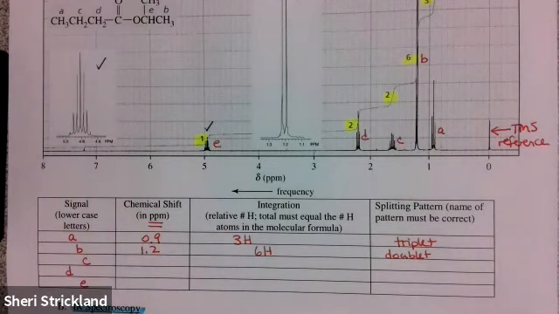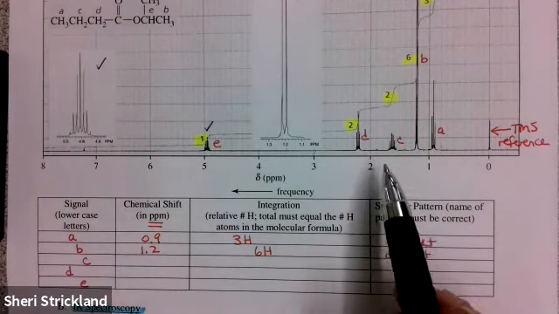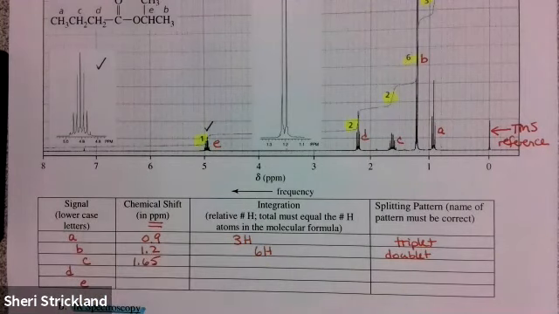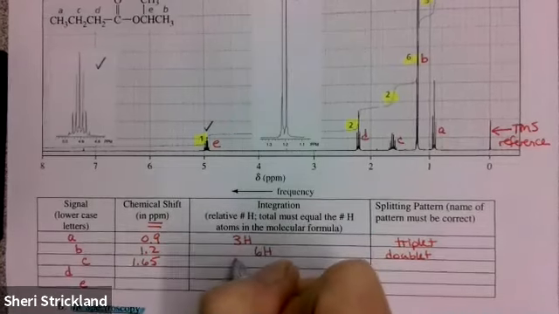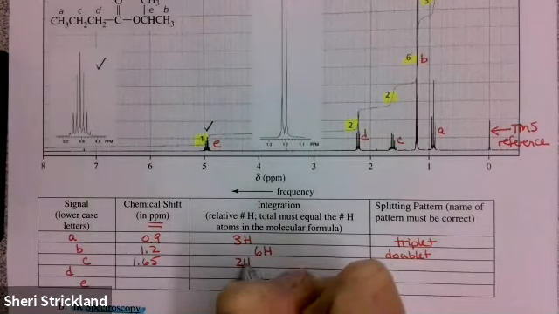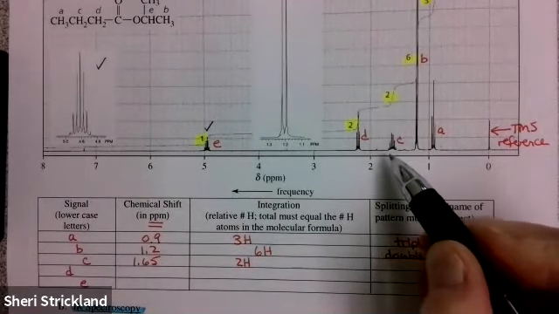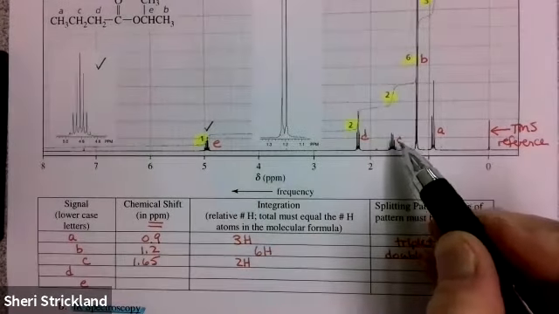Okay, welcome back. So for signal C, I got 1.65. I decided it was between 0.6 and 0.7 there. And this is a 2 hydrogen signal. Now for its splitting pattern, I can count these: 1, 2, 3, 4, 5, 6.